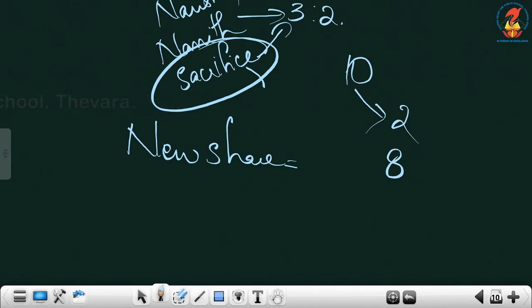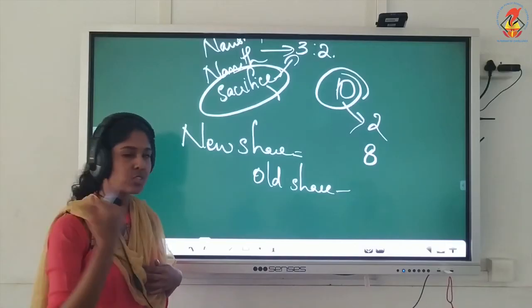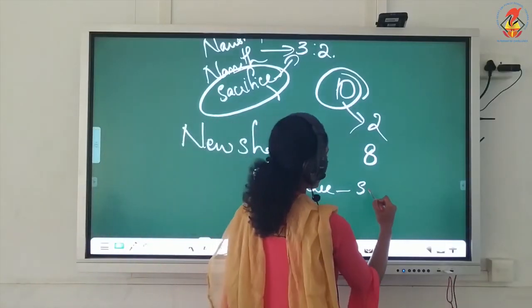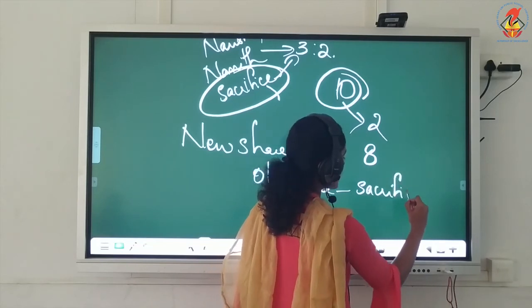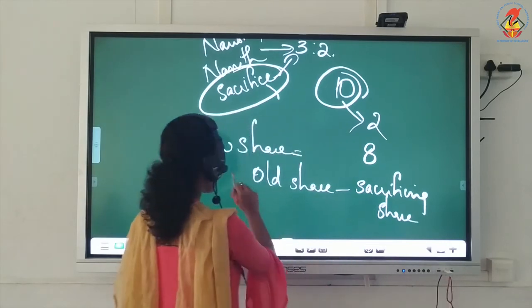What will be the formula? New share is equal to 10, that is the old share or old number of chocolates you had. From that you gave something, isn't it? You gave 2 chocolates to your friend. That is your sacrificed share or sacrificing share, or it can be written as surrendered share also.